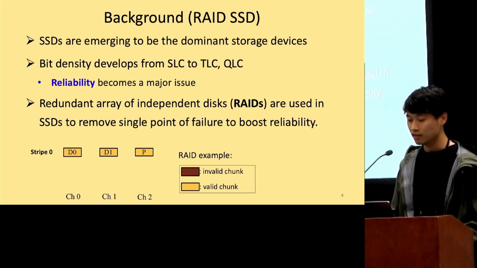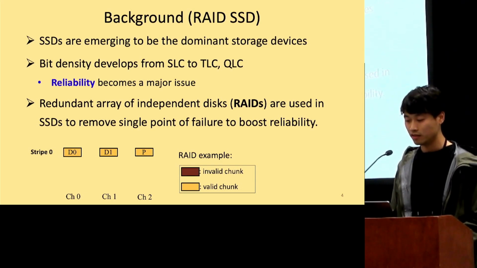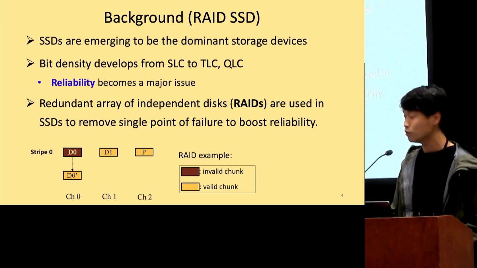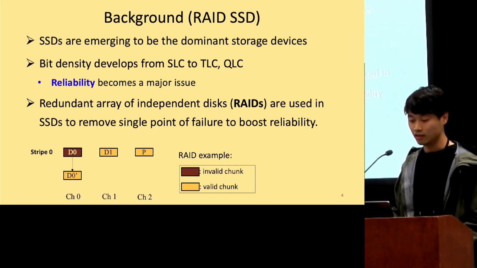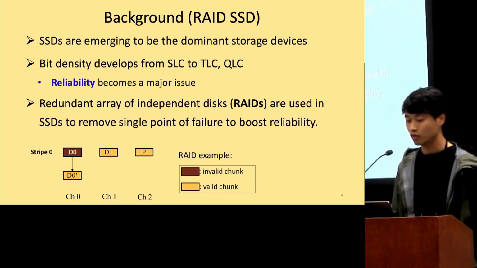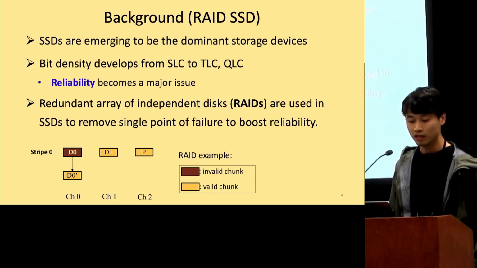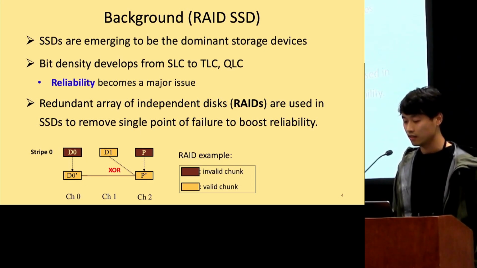But there is a bad phenomenon in this case. Consider the case where D0 is updated. Because SSDs do not support in-place update, we need to first invalidate the old D0 and then find a new place in the same channel to store the new content of D0. After that, we can recompute the parity chunk and save it in a new place on channel 2.